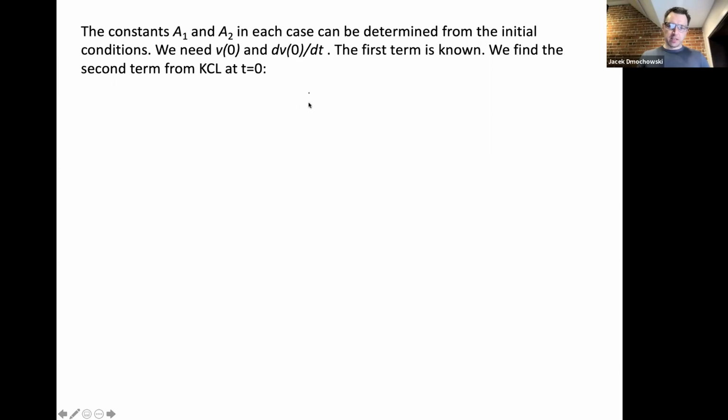So we have our inductor, our resistor, and we have our capacitor. And let's consider this at time equals 0.